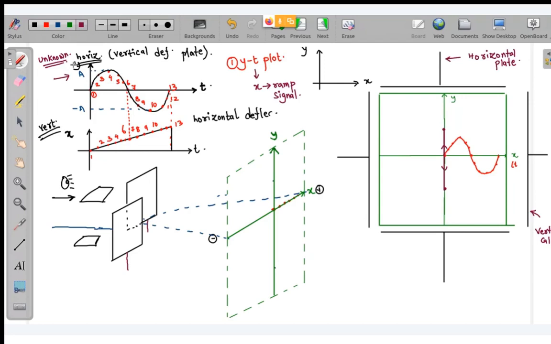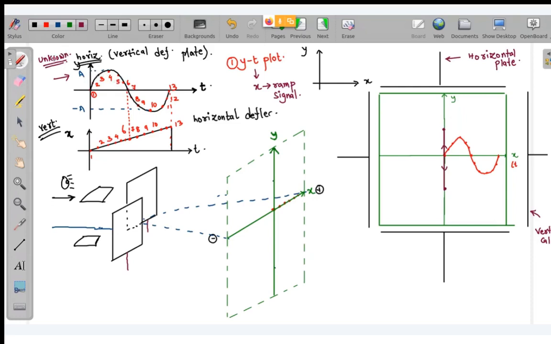If I give you a signal, 2 sine 3t, and ask you the frequency, amplitude or phase, there is no need for analysis, because you already know the magnitude, the RMS value, and the frequency. So we basically do analysis for an unknown signal. Whatever signal we were giving to the horizontal plate is one unknown signal.